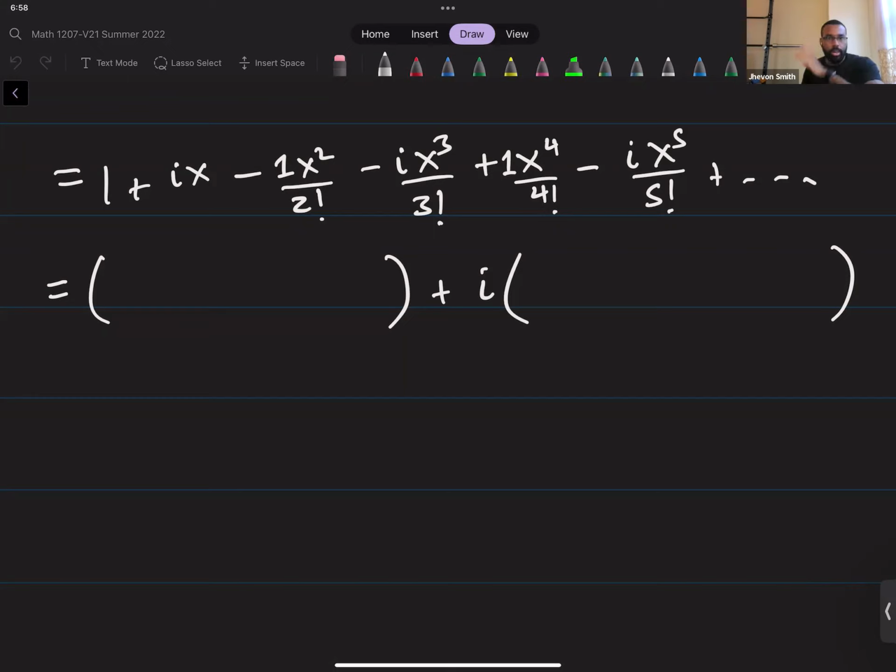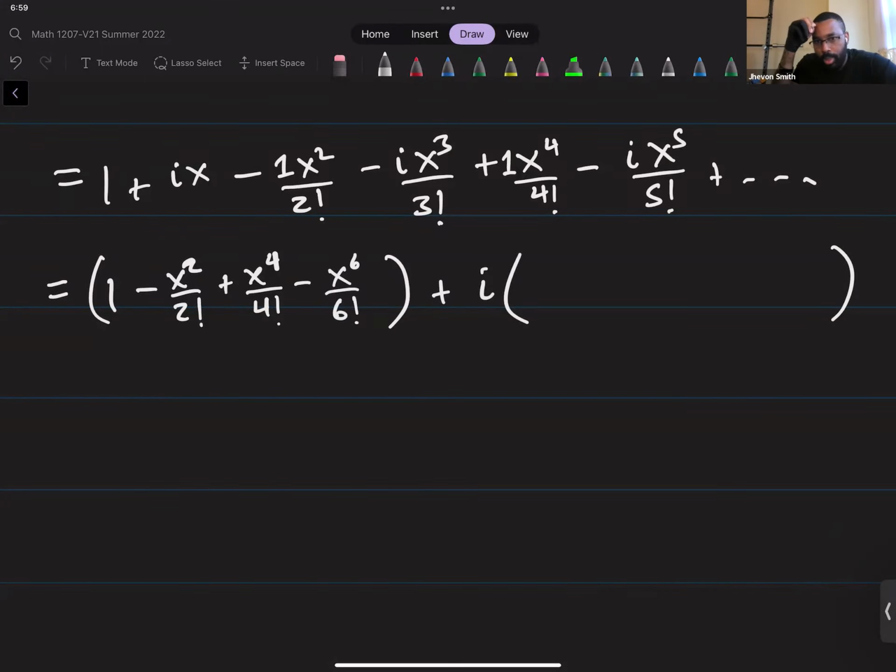So this would be 1 minus x squared over 2 factorial plus x to the 4th over 4 factorial. Turns out the next one would be minus x to the 6th over 6 factorial, because i to the 6th is i squared cubed. I squared is negative 1. Negative 1 cubed is negative 1.